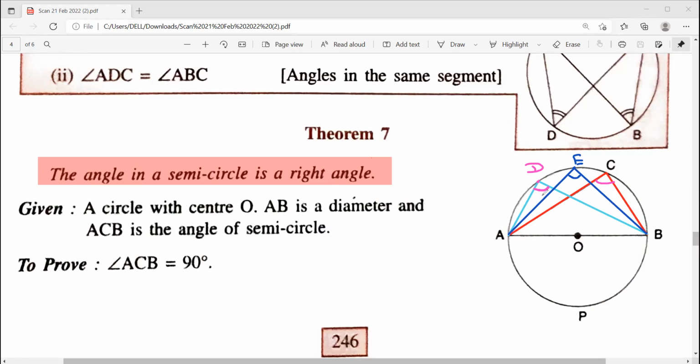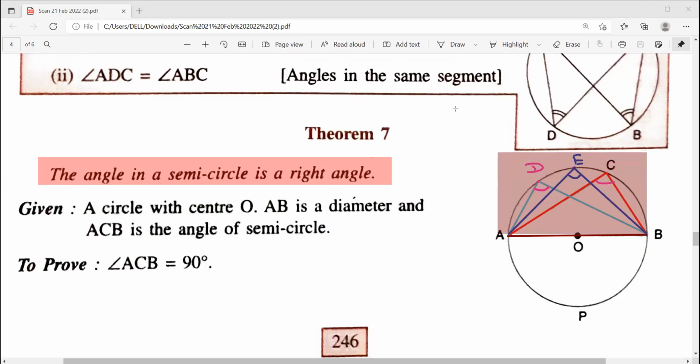So all these angles are subtended by diameter AB on the circle. Now, this diameter decides the semicircle, half of the circle. Above the diameter, you call this a semicircle.